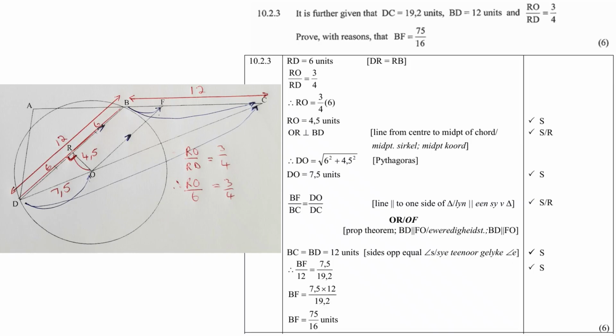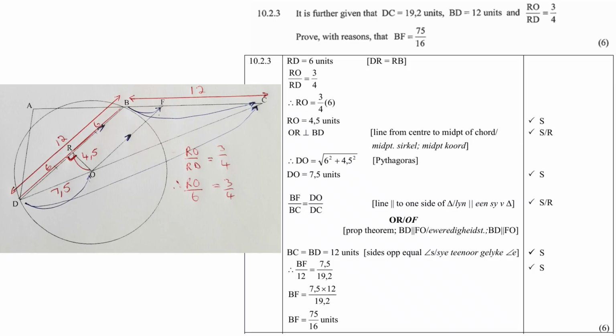Remember, a line from the center of a circle drawn to the midpoint of a chord is perpendicular. So, using Pythagoras, we can work out the length of DO. DO will be the square root of 6 squared plus 4,5 squared, which is 7,5 as indicated in the sketch.